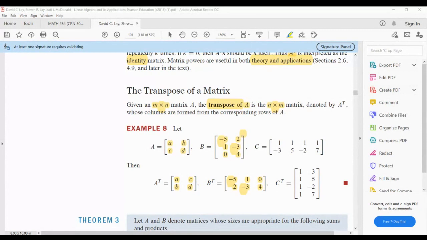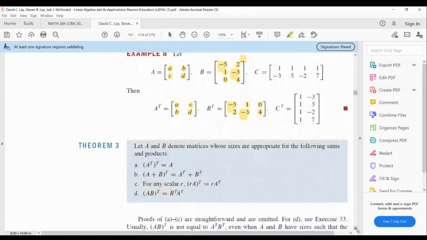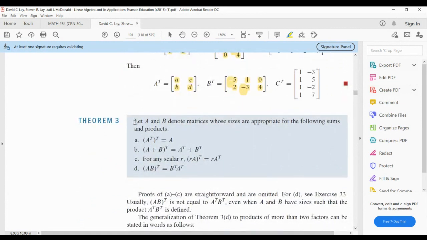Okay, and then finally, if there are no questions, a few more things. Theorem 3: if you have matrices A and B, then the following 4 rules hold for matrices. For instance, if you transpose a transpose, that's going to give the matrix A back. That makes sense. And it would probably make intuitive sense that A plus B transpose would be A transpose plus B transpose.